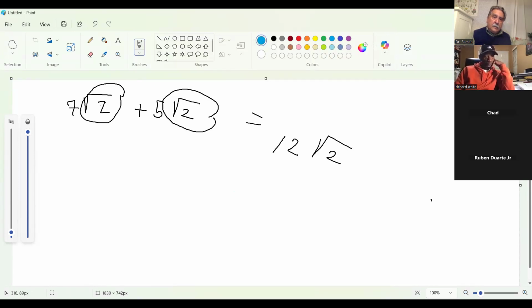Okay, these two are common, so I factor out. I write the square root of 2 times 7 plus 5, which is the same as 7 plus 5 becomes 12.